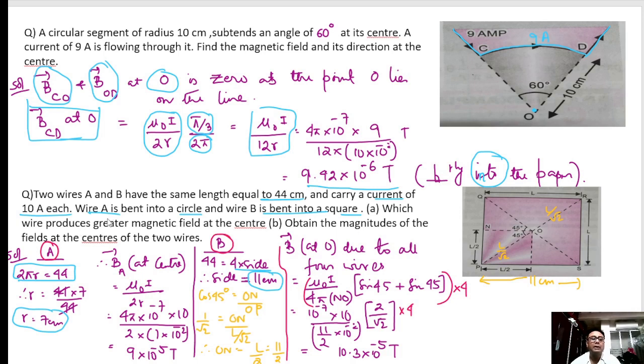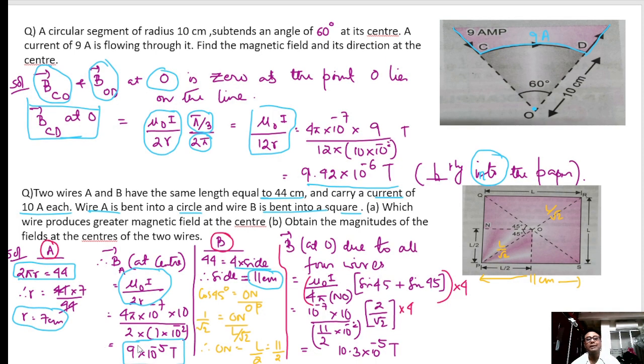So let's see. Wire A is a circle of radius r, so the magnetic field at the center, we know the formula, is mu 0 I by 2r. This is the magnetic field due to the circular wire A at the center. Now for wire B, as you can see, all these lengths are 11 centimeters each.